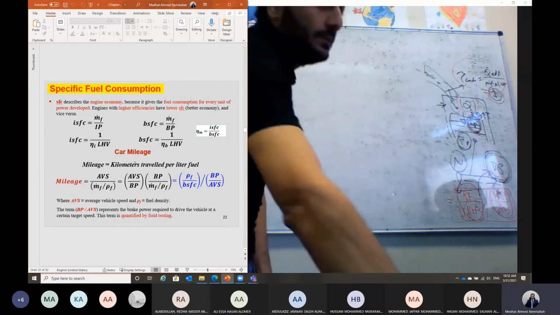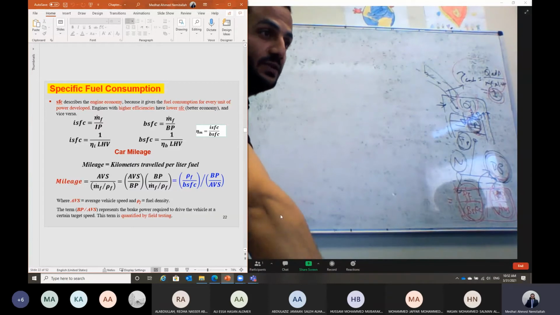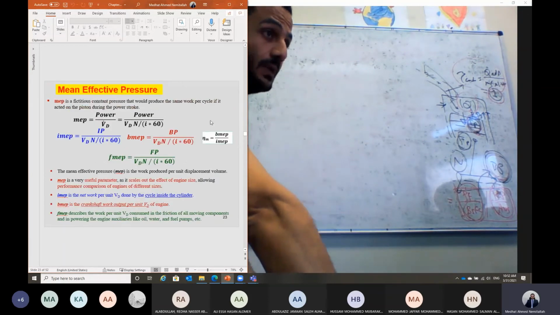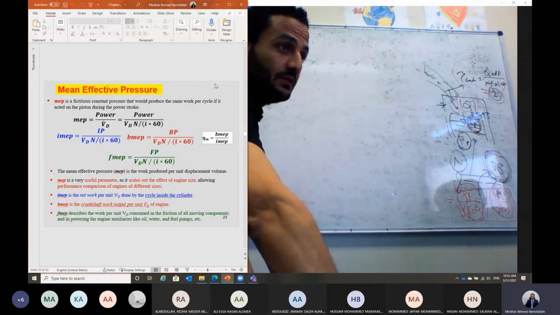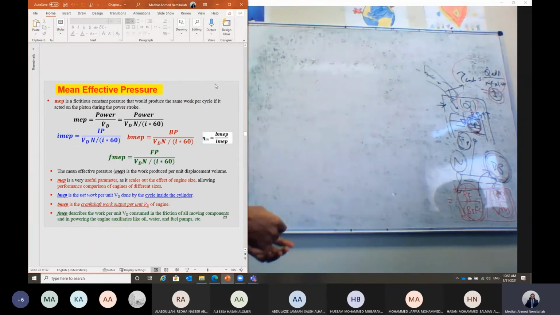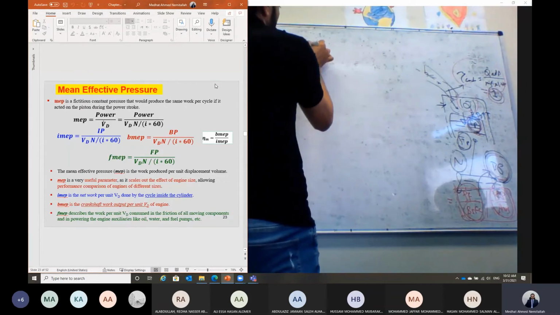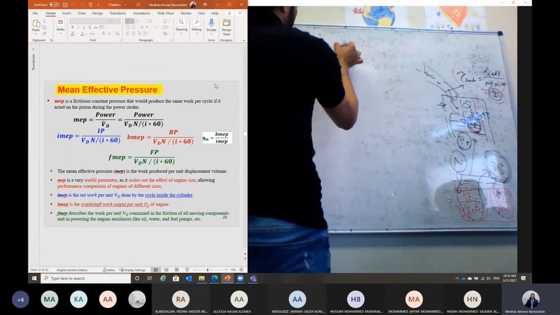Also, Shabab, the mechanical efficiency is the indicated specific fuel consumption divided by the brake specific fuel consumption. Another parameter, Shabab, is the mean effective pressure. You will find this is a very important performance parameter.